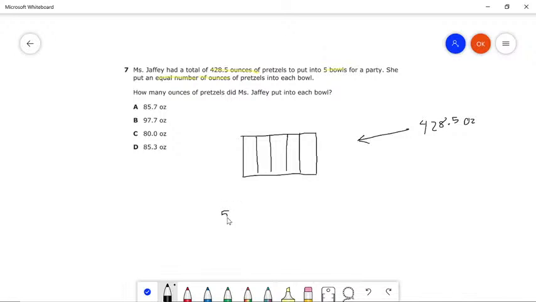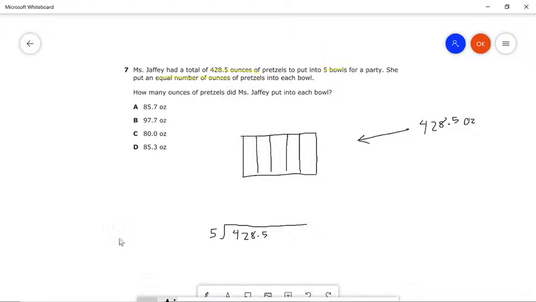So 5 is our divisor, since that's the number that we're splitting, and 428.5, that's our dividend, or the total number that we have.